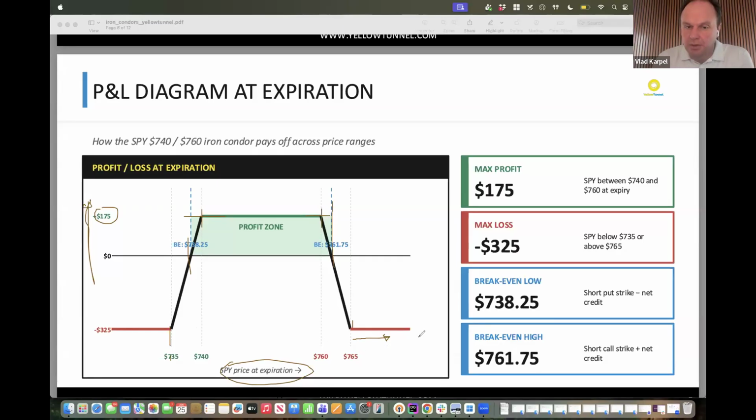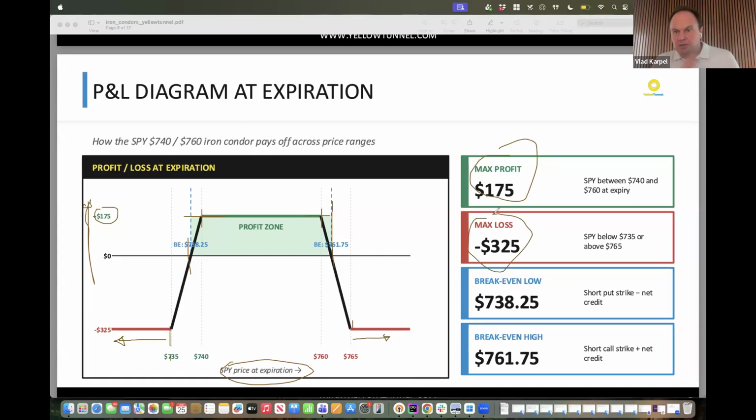You can lose no more than the difference in strikes minus the premium that you receive, and vice versa. If the Fed decides to raise interest rates or oil prices go back to the 200 level, then most likely Spiders will not hold the 735 level, and the market is going to sell off. This is important, understanding the maximum profit and maximum loss.